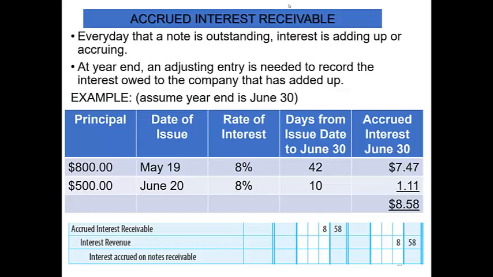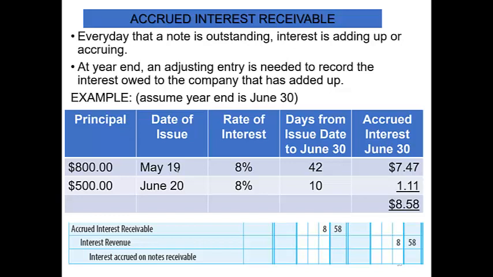In our example, we have a note for $800. Its date of issue was May 19th. Now, we're assuming that our year end here is June 30th. So interest has added up from May 19th until June 30th.